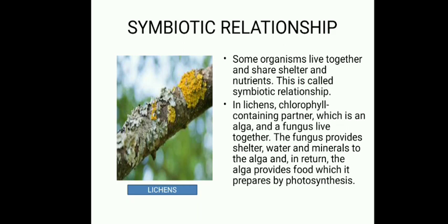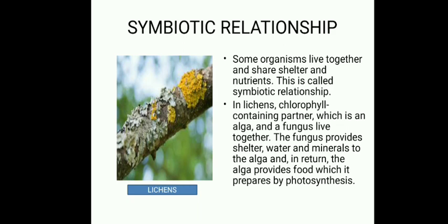The fungus provides shelter, water and minerals to the alga, and in return the alga provides food which it prepares by the process of photosynthesis. So in a symbiotic relationship, both of them help each other. As we can see in lichens, the alga provides food and the fungus provides shelter, water and minerals.